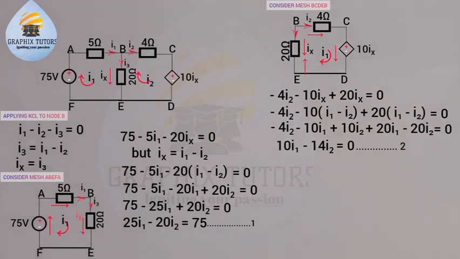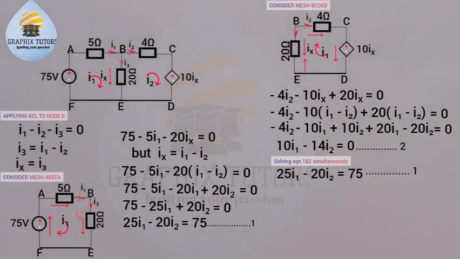Now we'll move forward. We will now solve equation 1 and equation 2 simultaneously. So we'll bring them together. We'll be having 25I1 minus 20I2 equals 75, equation 1. 10I1 minus 14I2 equals 0, that will be my equation 2. Now, because they are not alike, right?